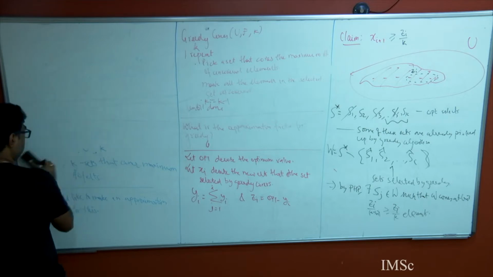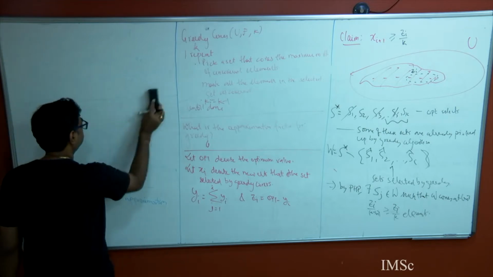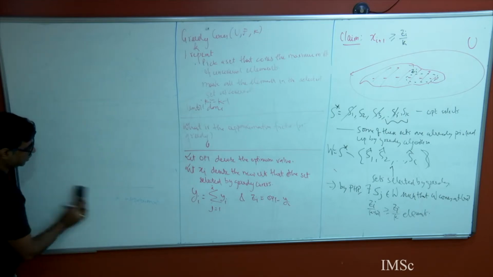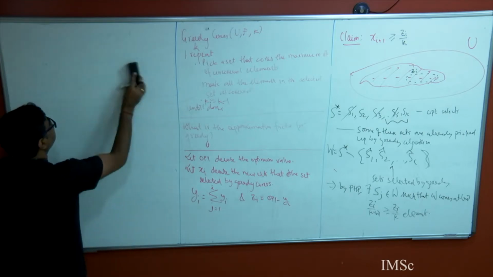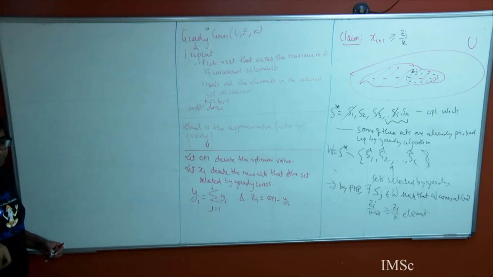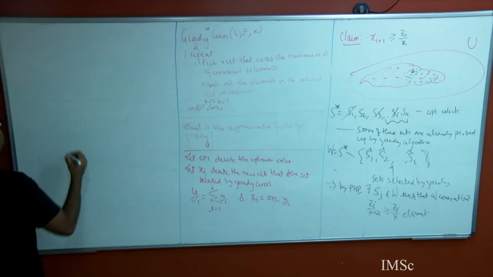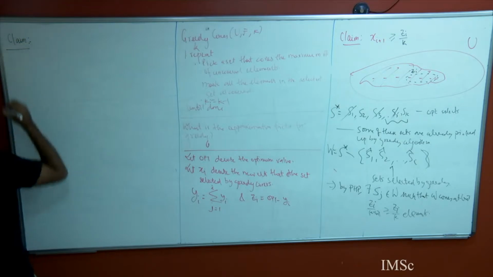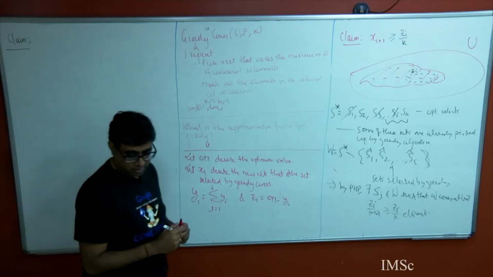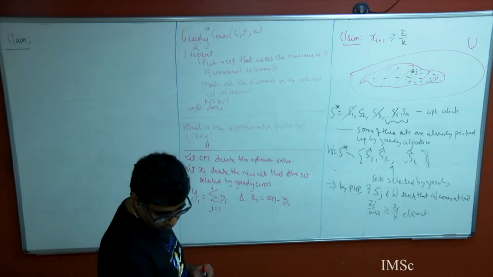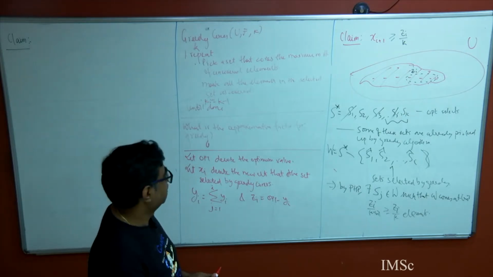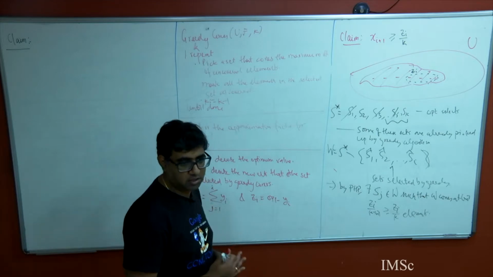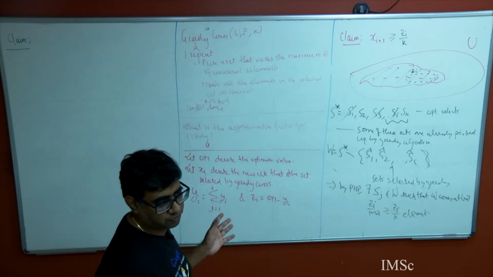Here's another claim, which is quite interesting, and this will appear several times in different contexts. What is my claim? It is that Zi plus 1, the number of elements which are yet uncovered, is not too much.